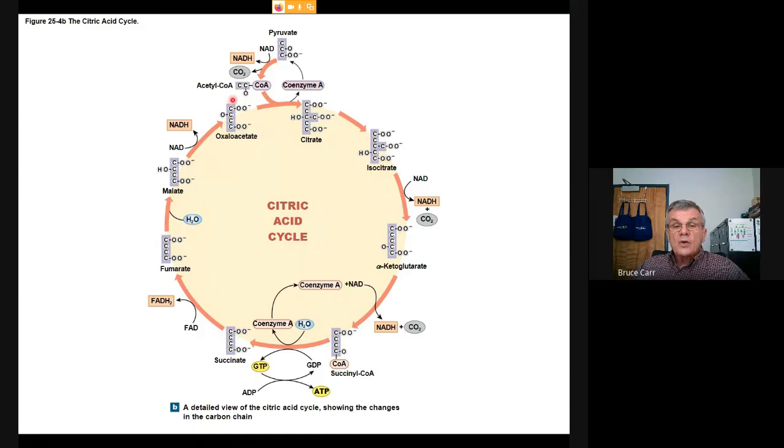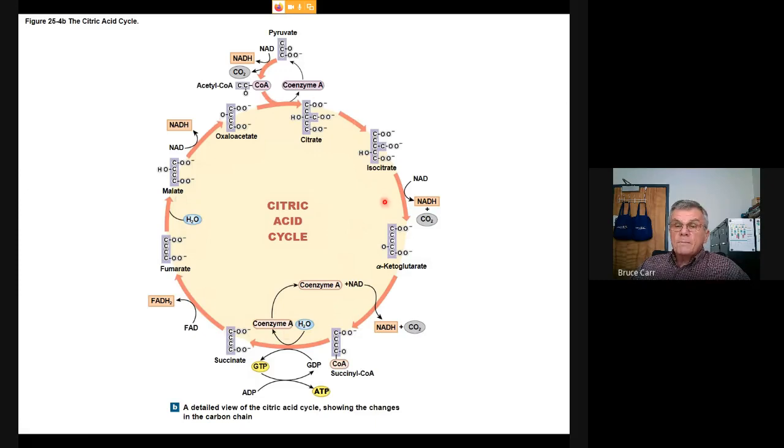Now, this is the lowest energy form in the cycle. But in this form, it's ready to accept the next acetyl-CoA and run the cycle another turn.